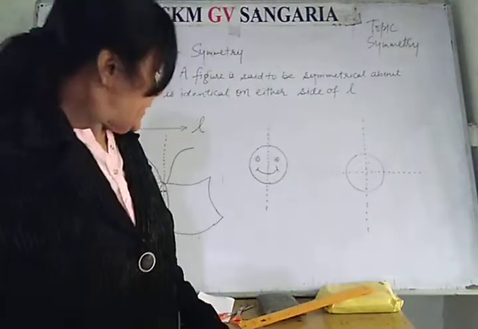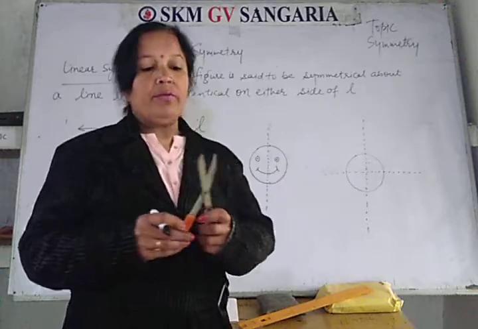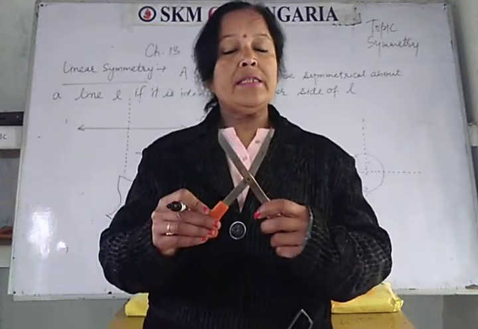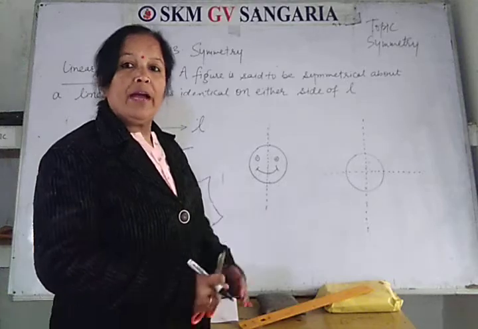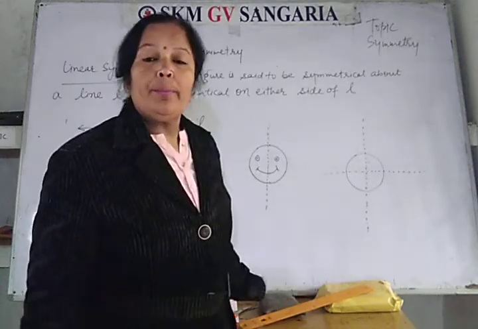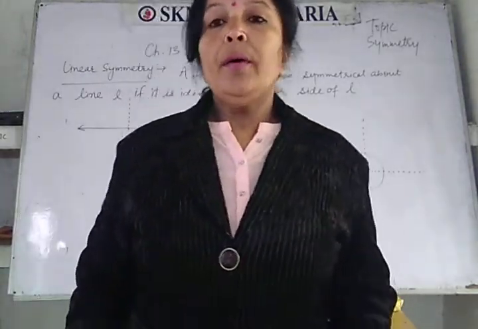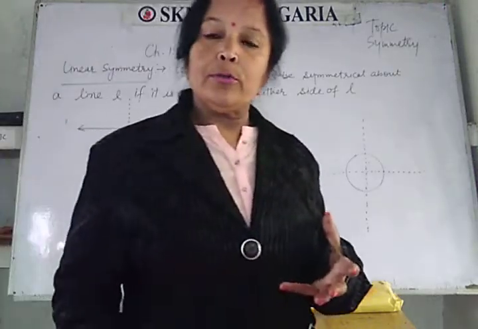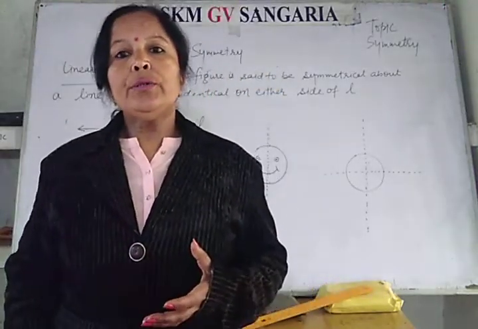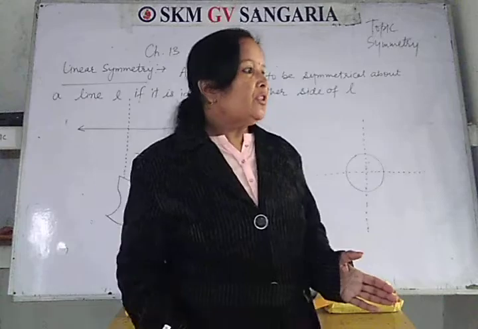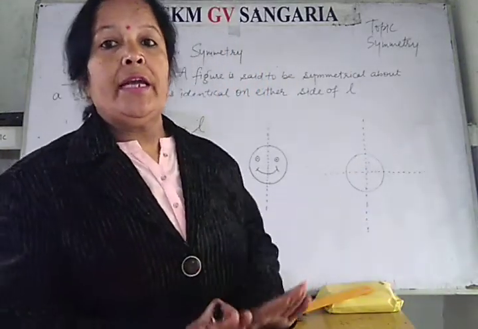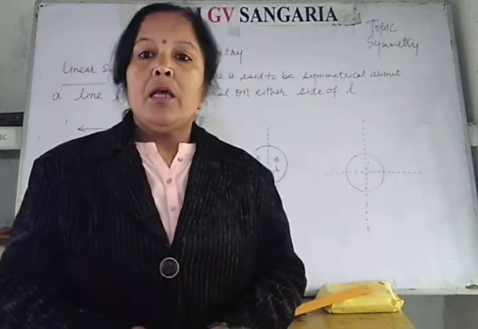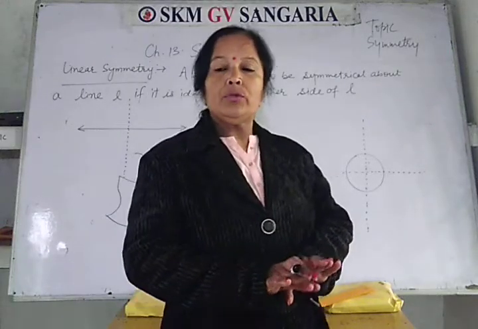So one of the examples here: scissors, a pair of scissors, and this whiteboard, tabletop, and bulb also, and window or the gate of your house also.